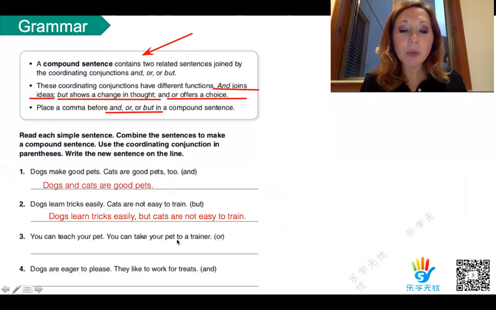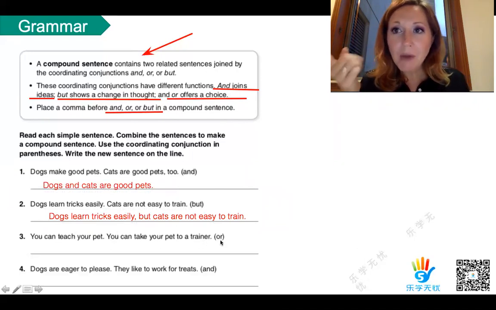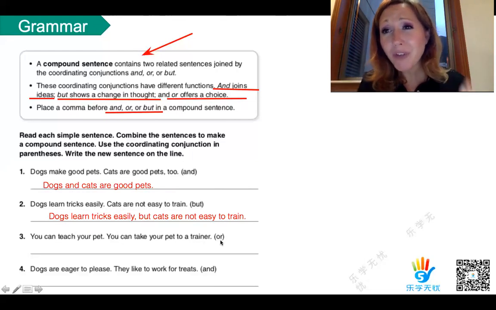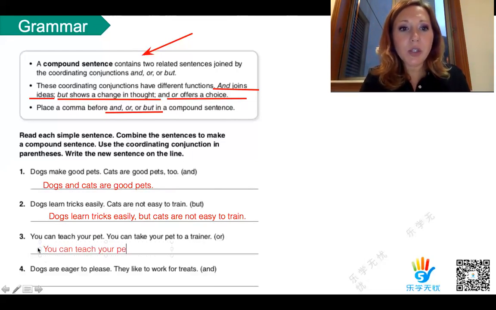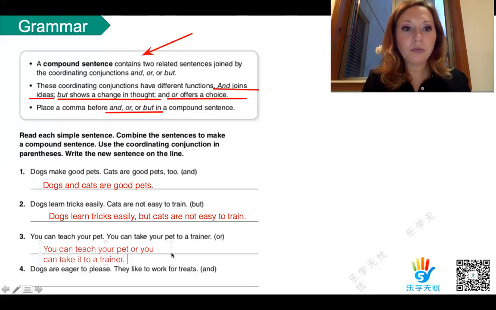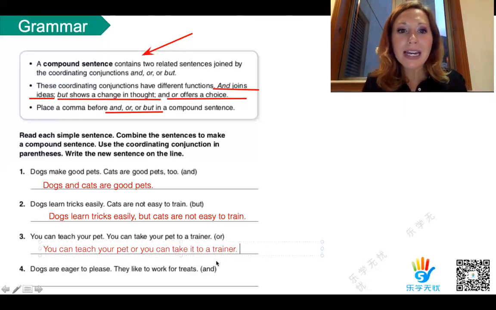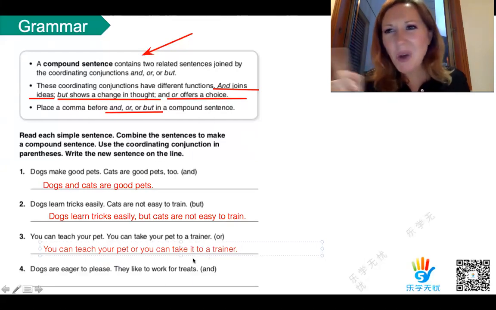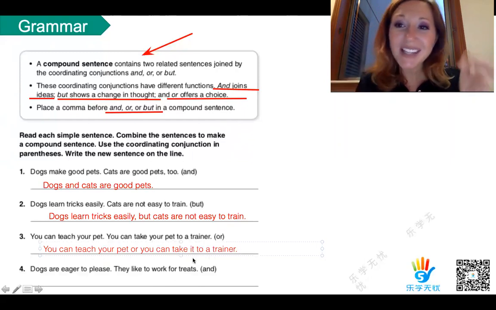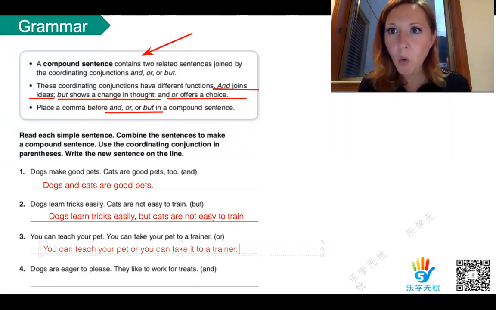You can take your pet to a trainer. Now, in this one, we're going to use or because we have a choice. You can teach your pet or you can take it to a trainer. Now, notice that I changed your pet to it because we don't need to say your pet twice in one sentence. We already know what we're talking about.